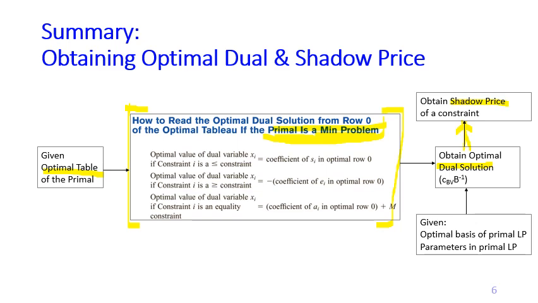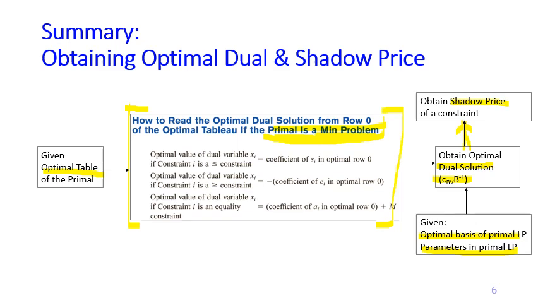But on the other hand, if you are given the optimal basis of the primal LP and you are also given the parameters in the original LP problem, you may directly compute the CBVB inverse to obtain the dual solution.